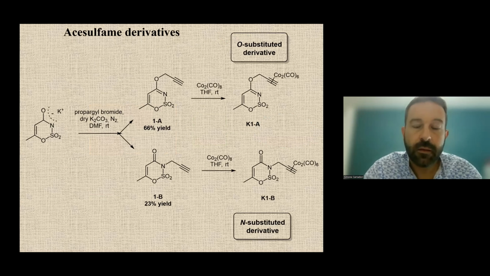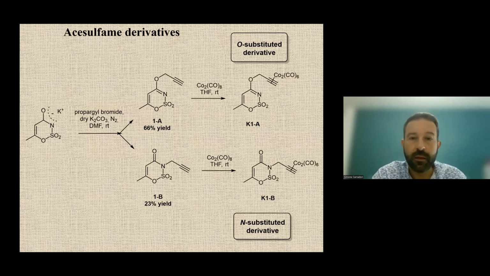The synthesis is straightforward, usually one pot and very easy. You have to functionalize the main scaffold by introducing an alkyne, usually a terminal alkyne, using propargyl bromide in a basic environment and under nitrogen atmosphere, in order to obtain a propargylated derivative, which can be further functionalized to a cobalt complex.